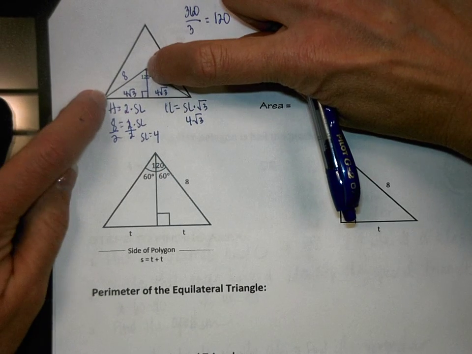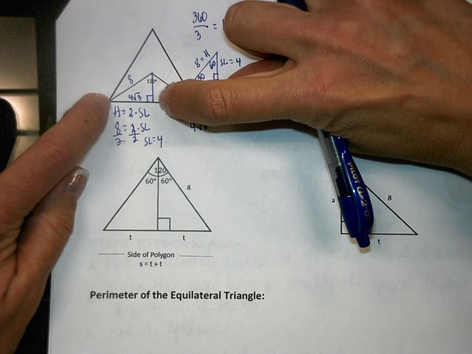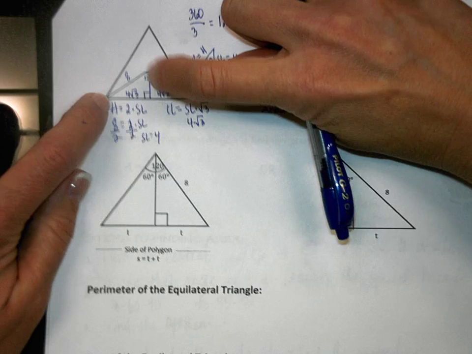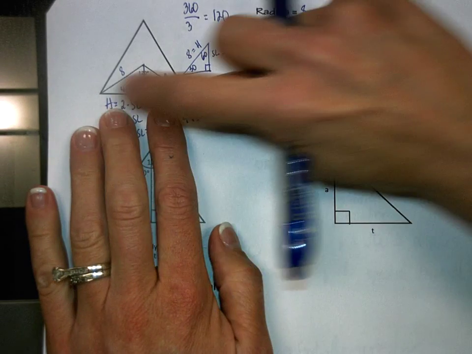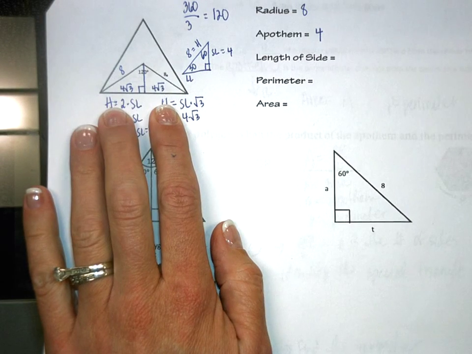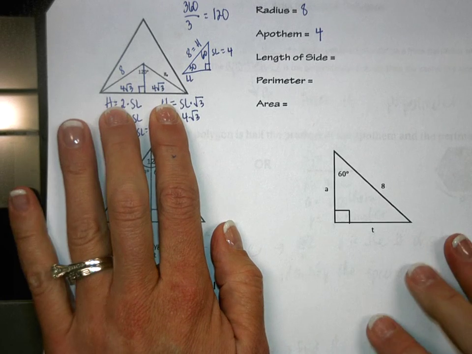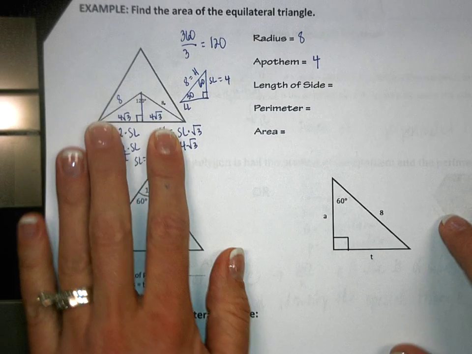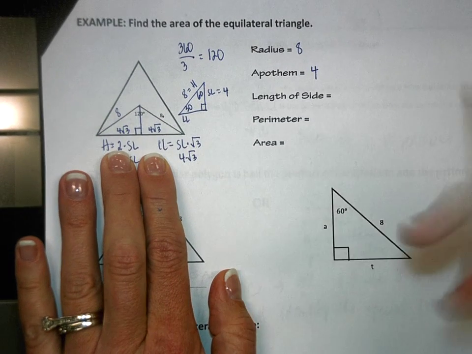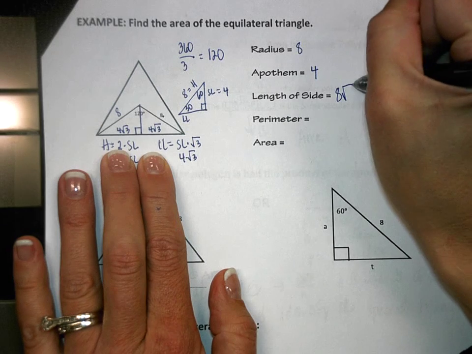In fact, you can tell that this distance and this distance isn't the same, right? Okay, so my whole side is how much? What is 4 root 3 plus 4 root 3? 8 root 3. Are we okay with that?